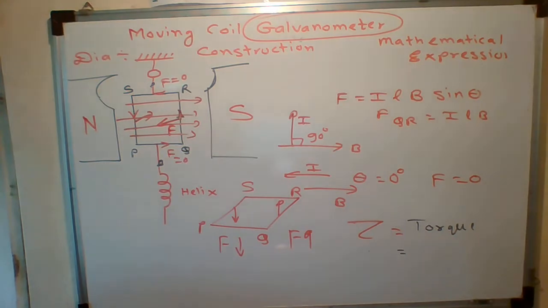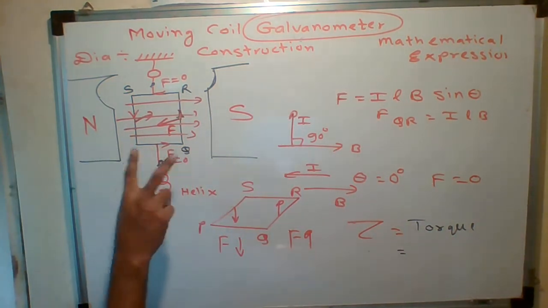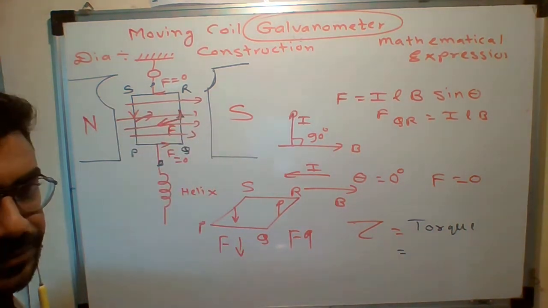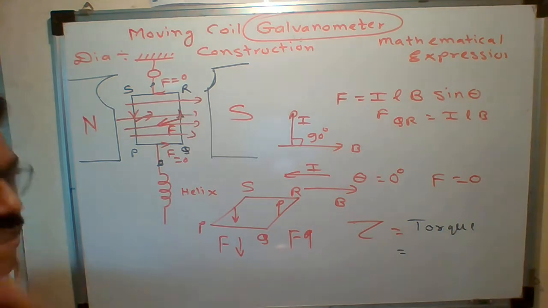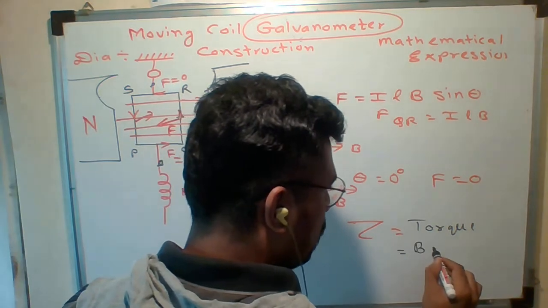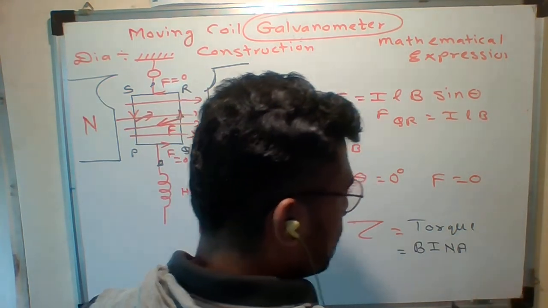So students, when current is flowing, we observe forces on the two arms PS and QR like this. The torque will be produced. What is torque? Torque is given by B I N A sin theta. You should understand the formula. What is N here?